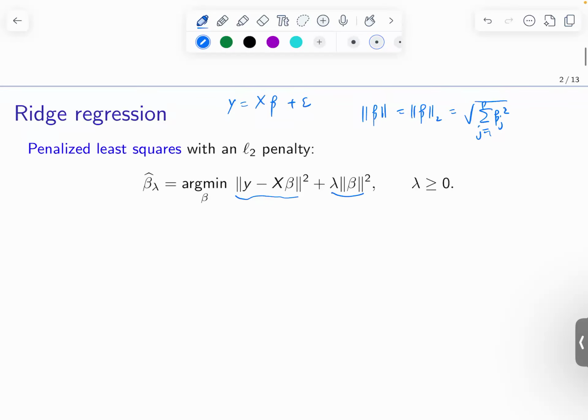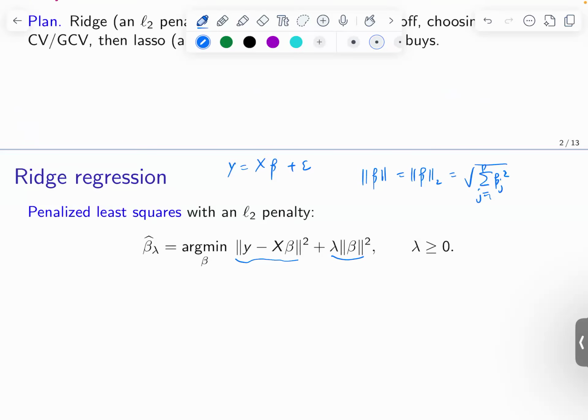And I should say that here we're going to assume that there's no intercept in the model for simplicity, because generally you don't want to penalize the intercept. There are easy ways to deal with the intercept, as you have seen potentially in the homework problem. You can center your variables. If you do a regression with intercept with the centered predictors, it would pick up the average of y's, and so you can subtract that from y.